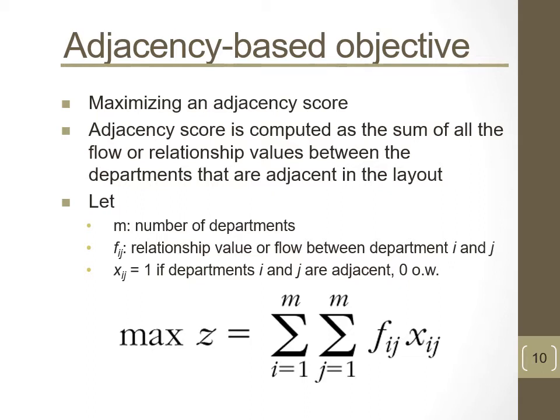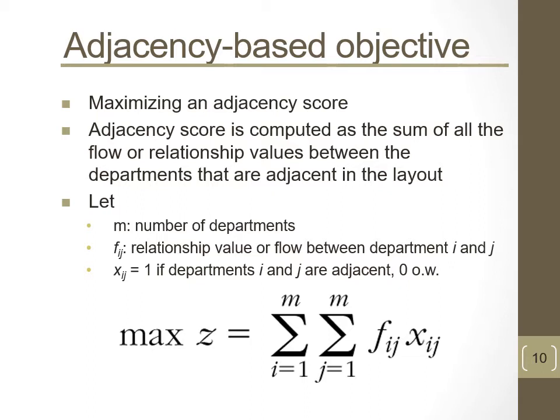So more formally, in terms of mathematics, let M be the total number of departments in our layout, and Fij represent the relationship value, or it can be the flow, between department i and j. For example, let's say that department 1 and 2 have an A relationship. Then, using a scoring system, we need to convert this A to a number.